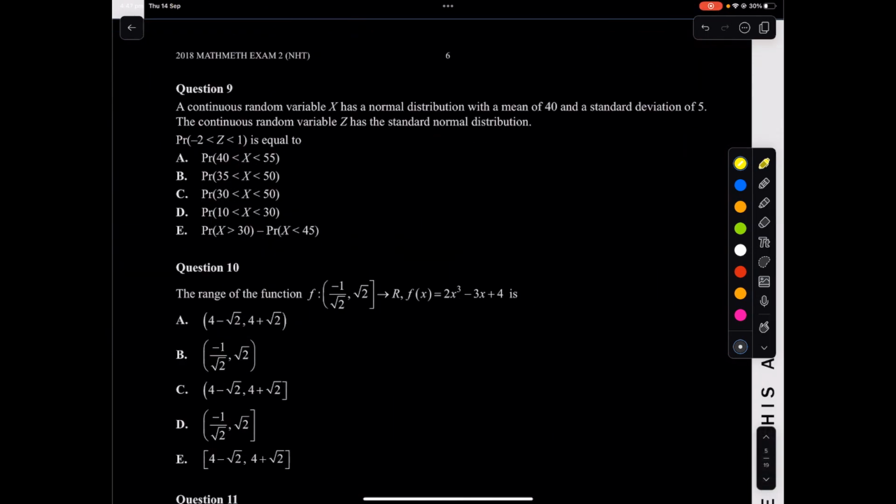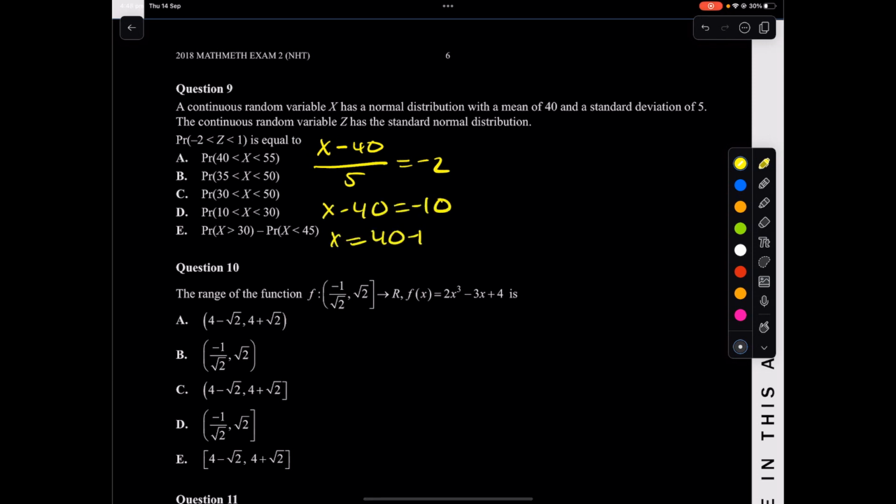A continuous random variable x has a normal distribution with a mean of 40 and a standard deviation of 5. The continuous random variable z has a standard normal distribution. The probability that negative 2 is less than z is less than 1 is equal to what? Okay, so we can just say x minus the mean, which is 40, all over the standard deviation, equals negative 2. So x minus 40 equals negative 10, x is 40 minus 10, which is 30.